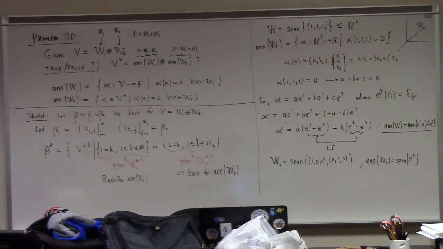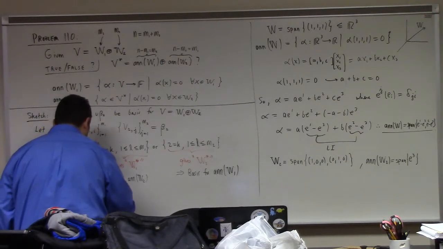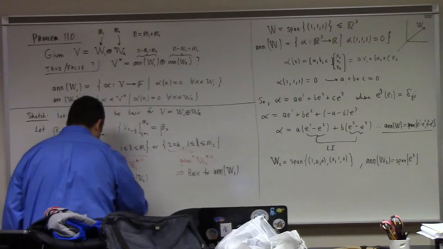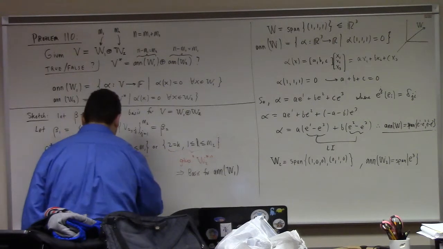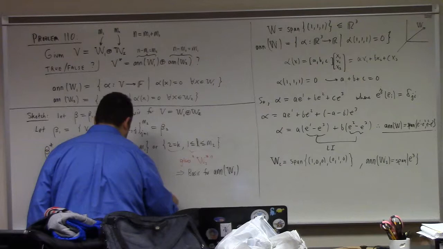So I'm claiming that you can show that the annihilator of W2 is the span of V1 upper I, such that 1 is less than or equal to I, less than or equal to M2.